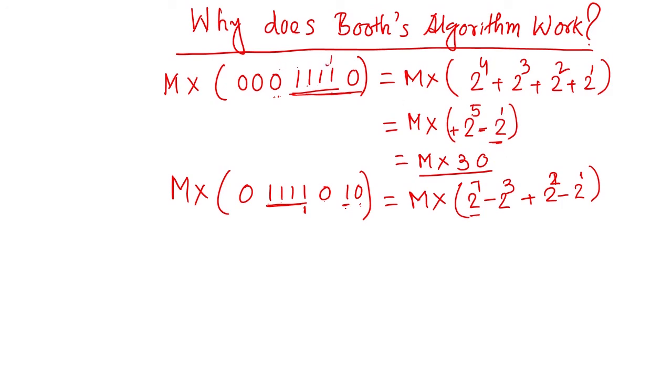So, this is the same as what we are doing. Whenever we see 0 0, no operation; 0 1, we subtract. So, that is subtraction, and then 1 0, we have addition. Now, again 0 1 means subtraction, and every time we are shifting.